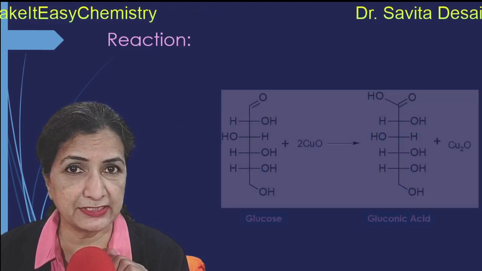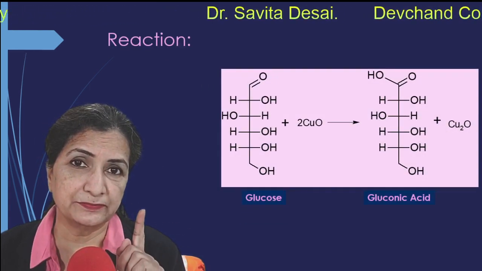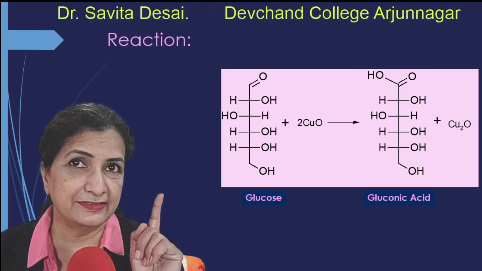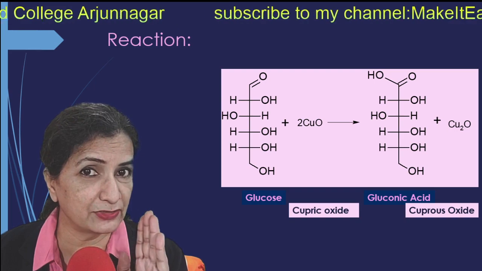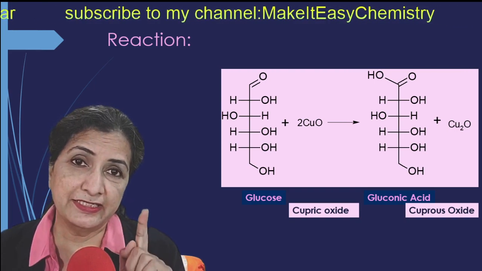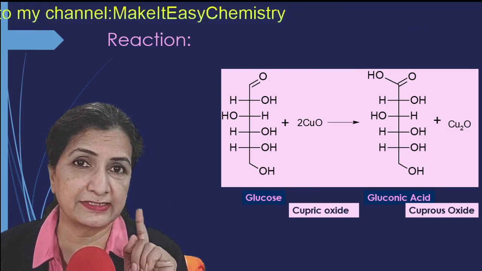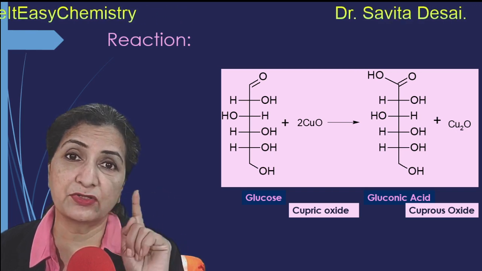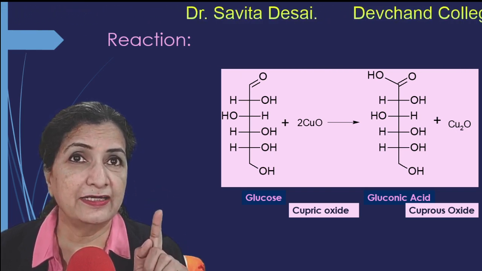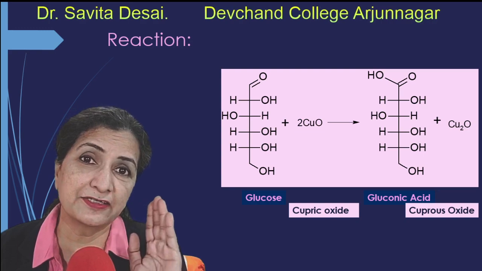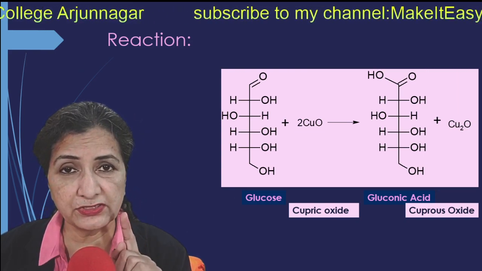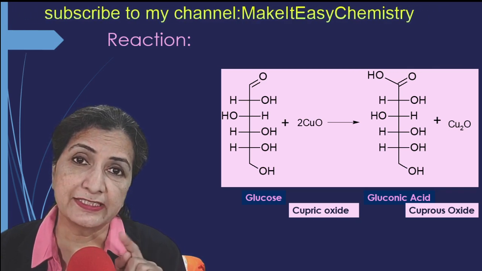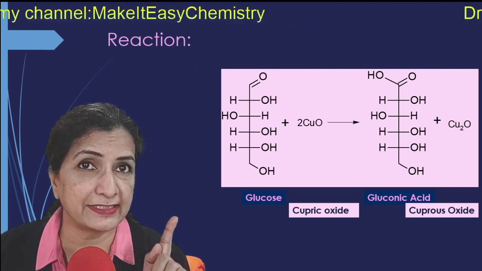How does the reaction take place? Glucose is treated with the cupric oxide which is present in Fehling's solution. Then it gives gluconic acid, the oxidation product of glucose, and cuprous oxide, the reduction product of cupric oxide. So glucose, which is a reducing sugar, gets oxidized to gluconic acid.